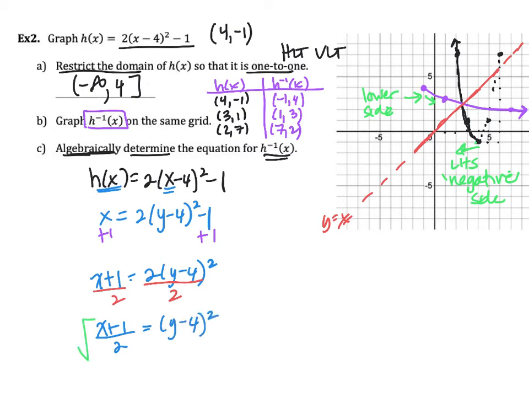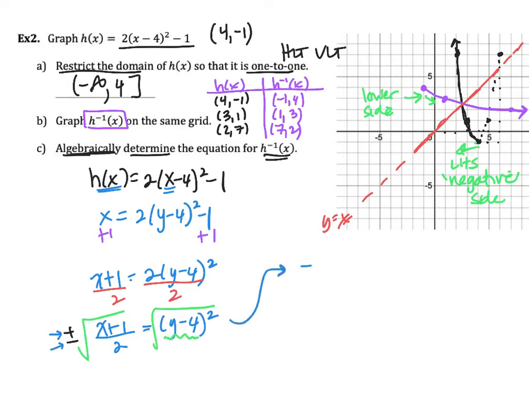Then I need to take the square root. So we need to isolate this perfect square so that my last step is to take the square root of both sides. But remember, every time you take the square root of both sides, you have to show us the understanding that you know that creates two different parts of your inverse, the upper portion and the lower portion. So I'm going to continue over here.